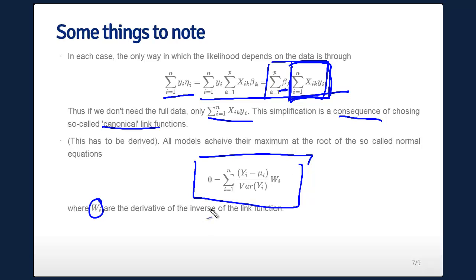They're exactly the derivative of the inverse of the link function. It has a kind of least-squares-looking criterion, where recall to optimize the least squares there was this product term that we had to prove was 0, and then we knew we had the least squares estimate. This is very similar, and these are called the normal equations.